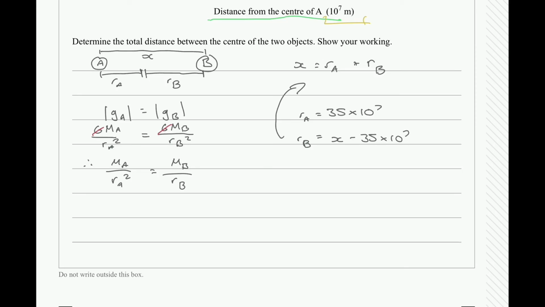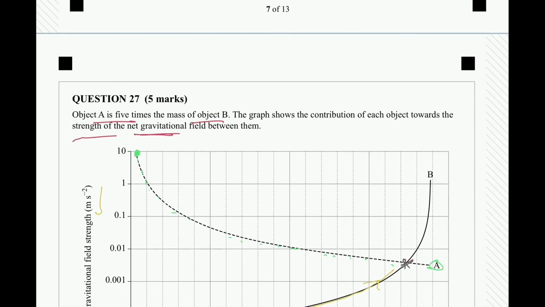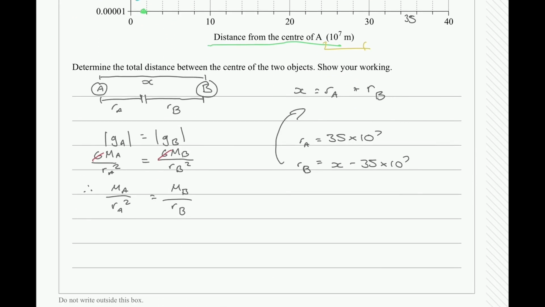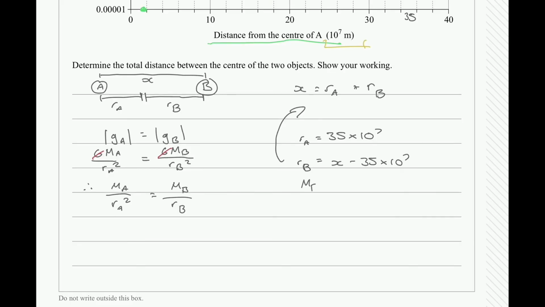So we've got our RA and our RB, but we don't have our MA, nor our MB. Let's go back and have a look at our situation. Object A is 5 times the mass of object B. So I'm going to say MB is equal to m.